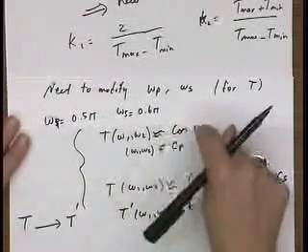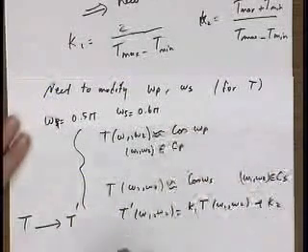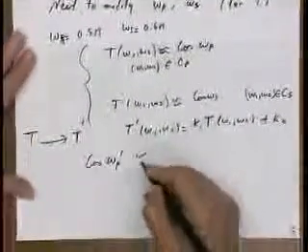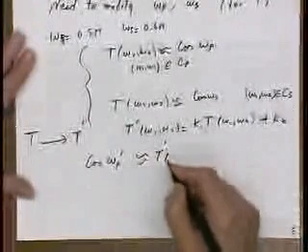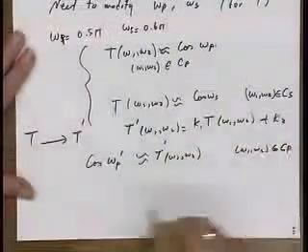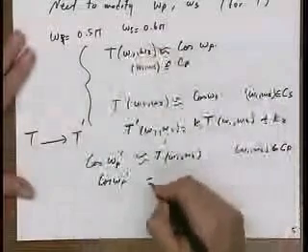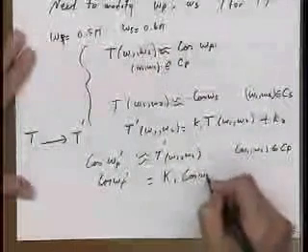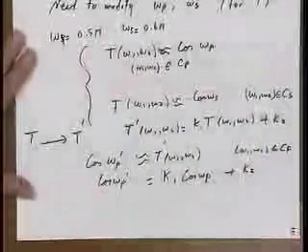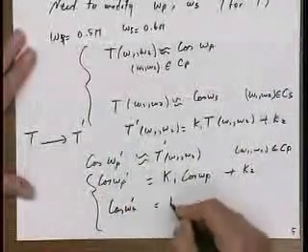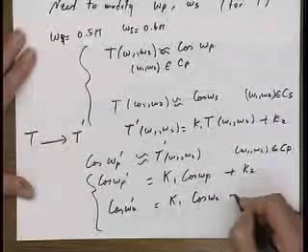Well, the new omega p and omega s: cosine omega p prime is going to be approximately equal to t prime of omega 1 and omega 2 for omega 1, omega 2 in CP, which means that cosine omega p prime, because this thing is already true, is just k1 times cosine omega p plus k2. And cosine omega s prime is equal to k1 cosine omega s plus k2.